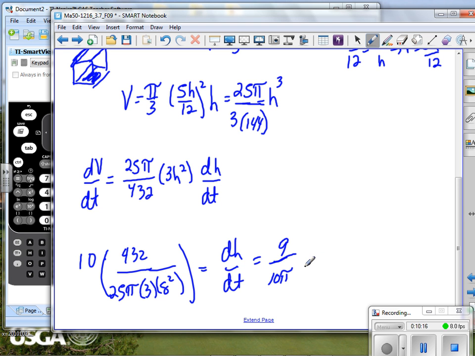So this is approximately 0.287. What are my units though? Feet per minute. So what are we finding?